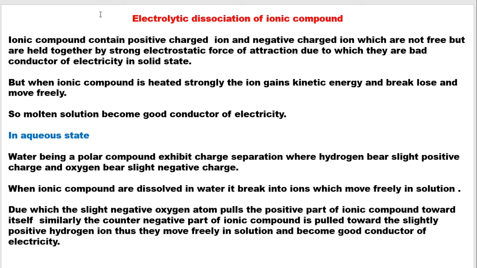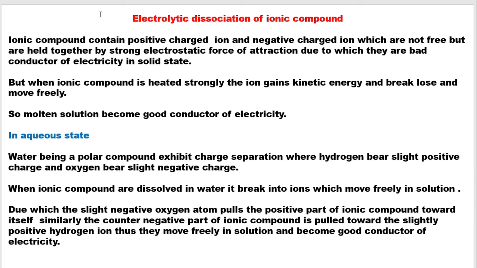They will act as a bad conductor of electricity. But what will happen when you supply heat or electricity? They will gain kinetic energy and start to move freely as the ionic bonds start to break. So in molten state, where you are changing the state of matter of the compound, it becomes a good conductor of electricity because of the free movement of ions.